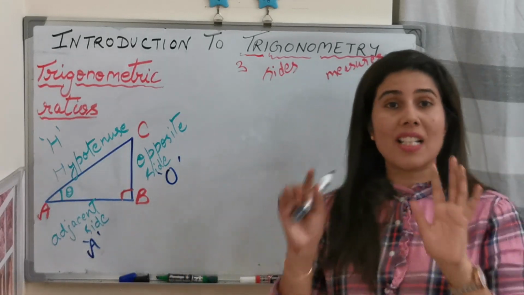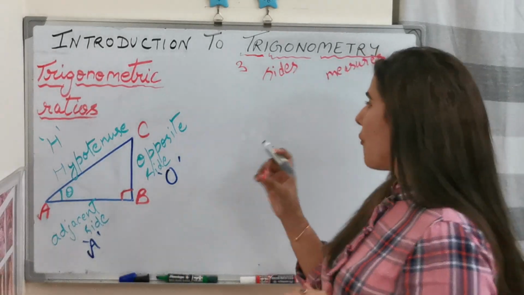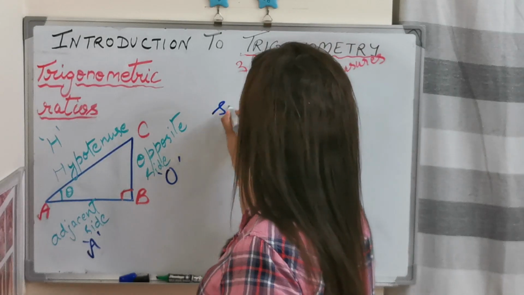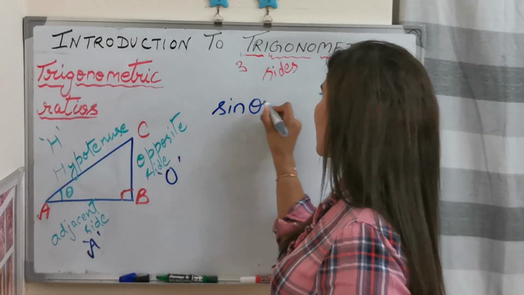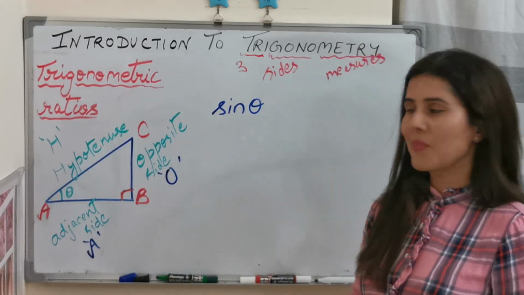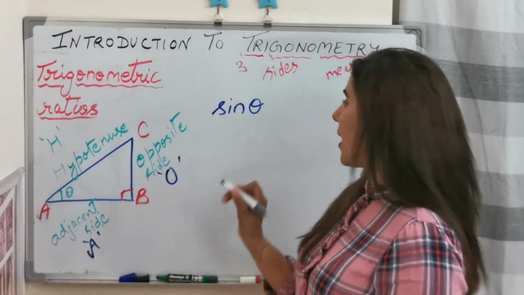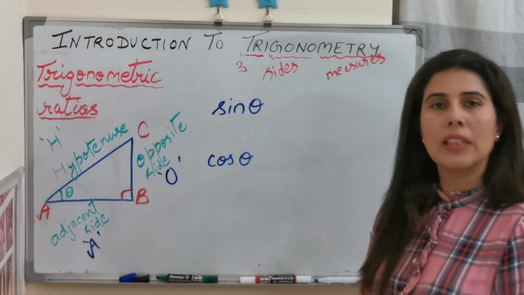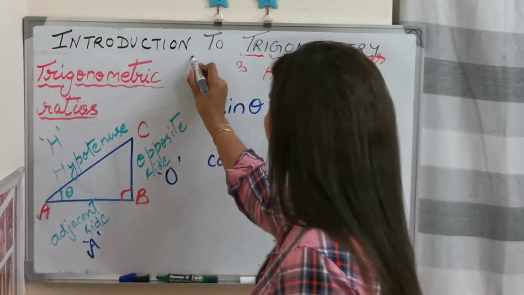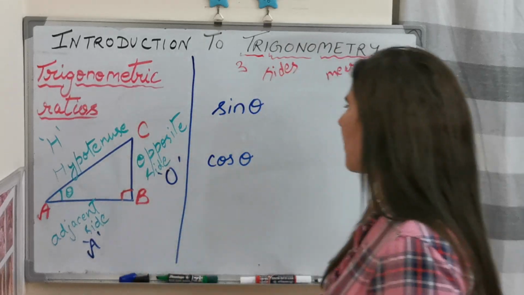So children, there are 6 trigonometric ratios. The first trigonometric ratio is sine of the angle. So that is represented by sine theta. The second trigonometric ratio is cos of theta. I'm just dividing it so that you can understand.